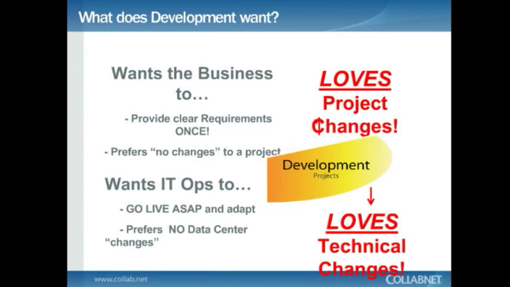From an ops perspective, development does not like it when there are technical or environmental changes. When the common services that are required for an application to function well are changed for security reasons, for optimization reasons, and that information is not systematically rolled back to development, that becomes a real challenge.